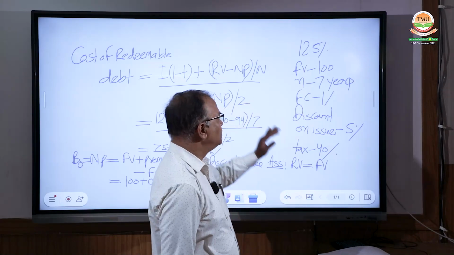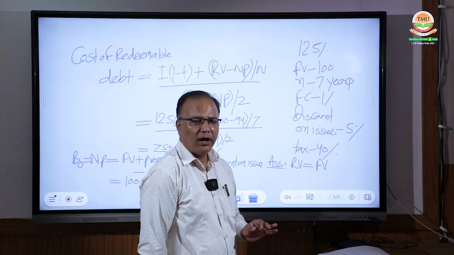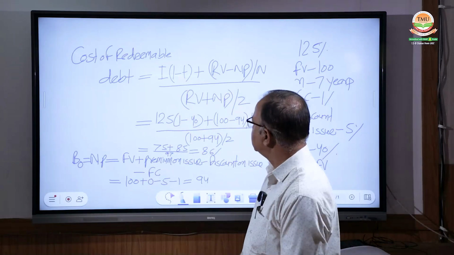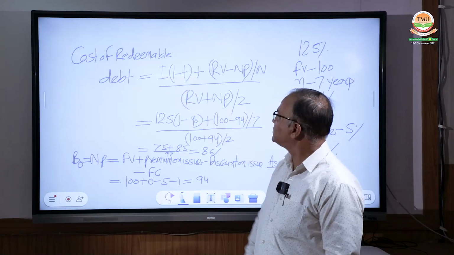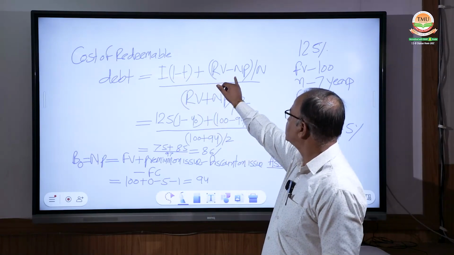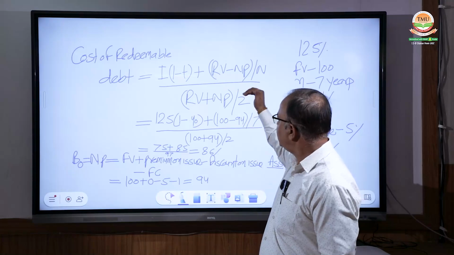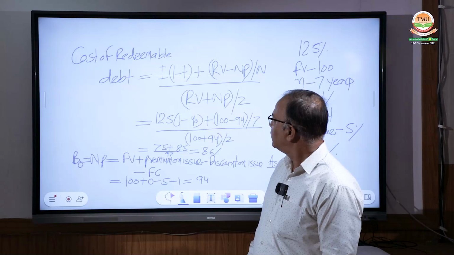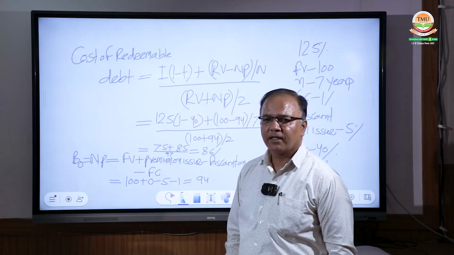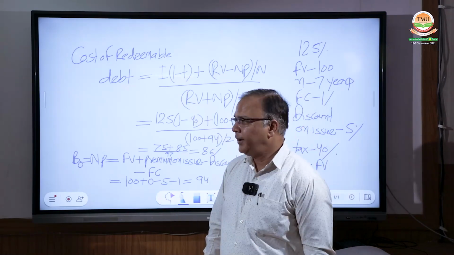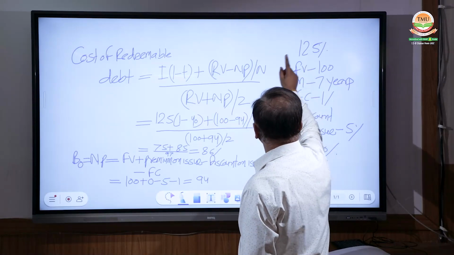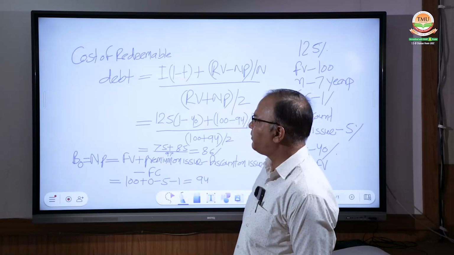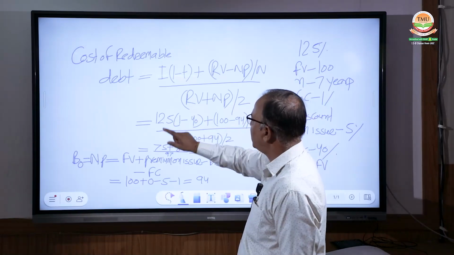After that, I used a simple formula to calculate cost of redeemable debt: interest into 1 minus t plus redemption value minus net proceed divided by n, divided by redemption value plus net proceed by 2. Now, first of all, interest. What is the meaning of interest? It was given the rate of interest is 12.5% of face value. So 12.5% of 100 was 12.5.